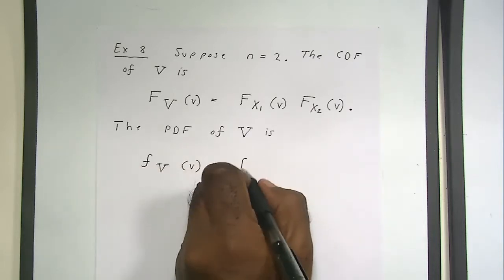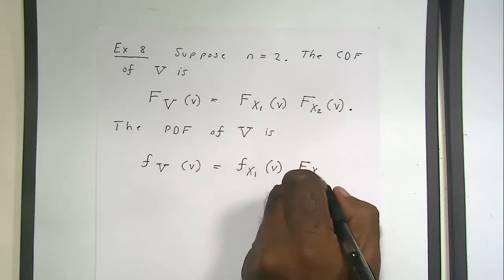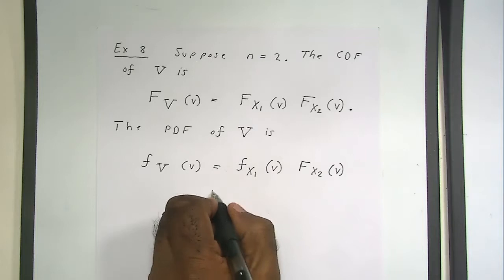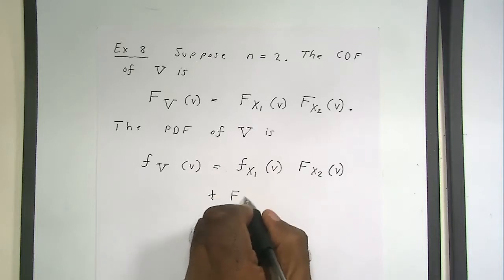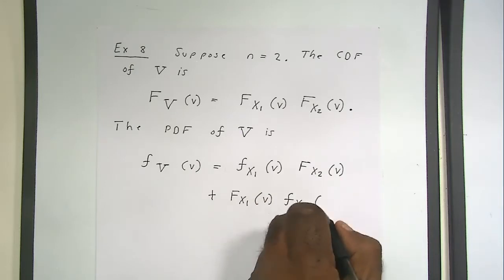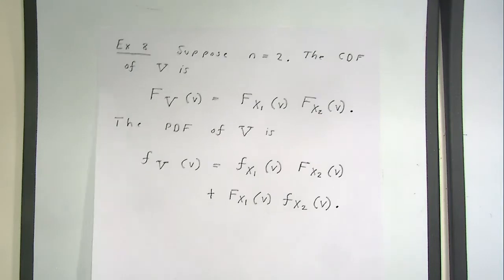So this is the PDF of V. It's a simple application of the product rule that gives you the PDF. Okay guys, that's example 8 over here.